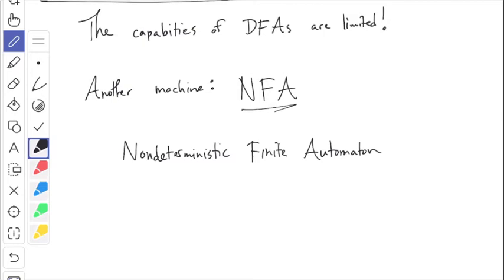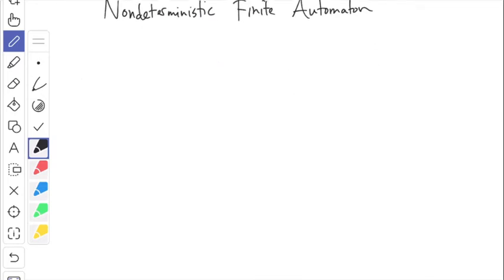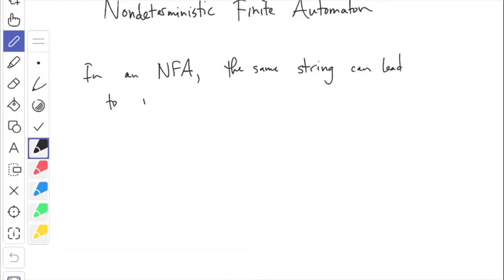Anyway, what's different about the NFA? I'll say it this way. In an NFA, the same string can have different possible outcomes. The same string can lead to more than one path through the machine.